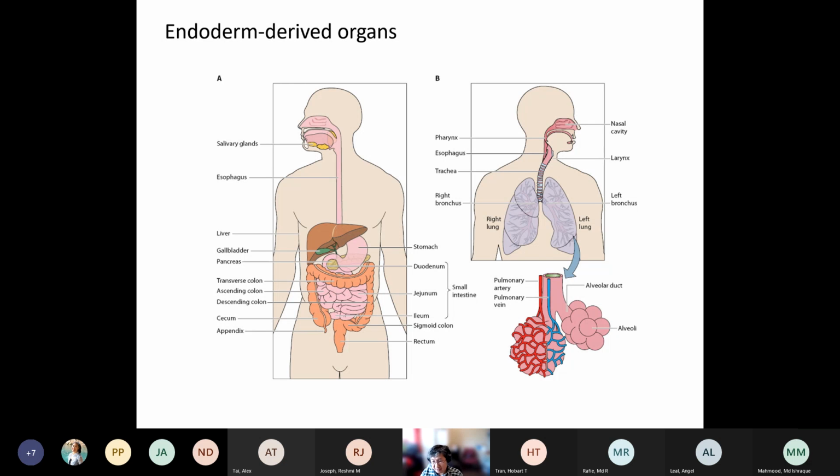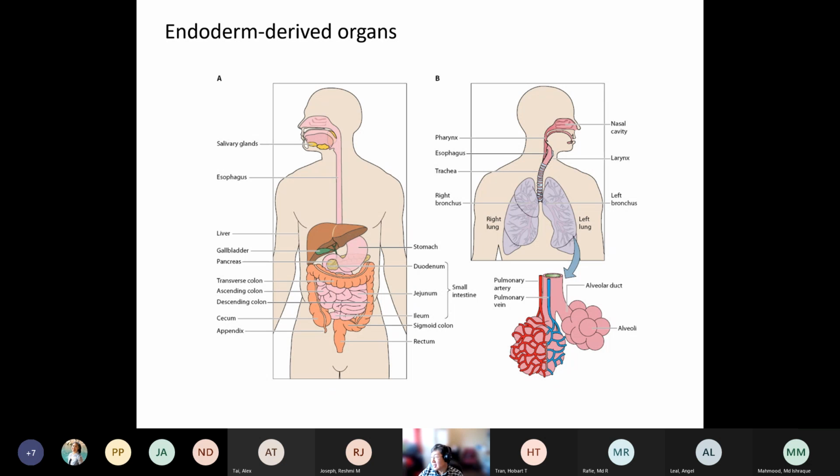All the veins and the blood cells within are from mesoderm. The mesoderm gave rise to the circulation system, as well as the endothelial cells lining the vessels. So the epithelial lining of the GI tract and the respiration system are from the endoderm. Okay, so just to clarify that concept.